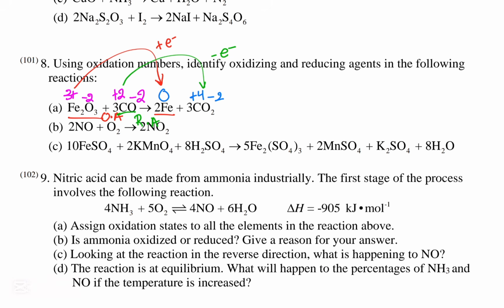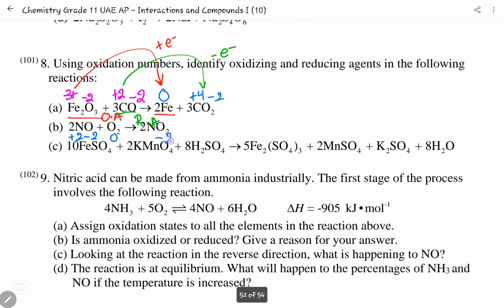Let's do the same thing with this over here. So this is minus 2, so this will become plus 2. This is 0. Here, the nitrogen is, here this is minus 2. So minus 2 times 2, that's minus 4. So here this is plus 4. So look, pay attention. We don't care about this oxygen. This plus 2 turned into plus 4, so it lost electrons. This 0 turned into minus 2, so it gained electrons.